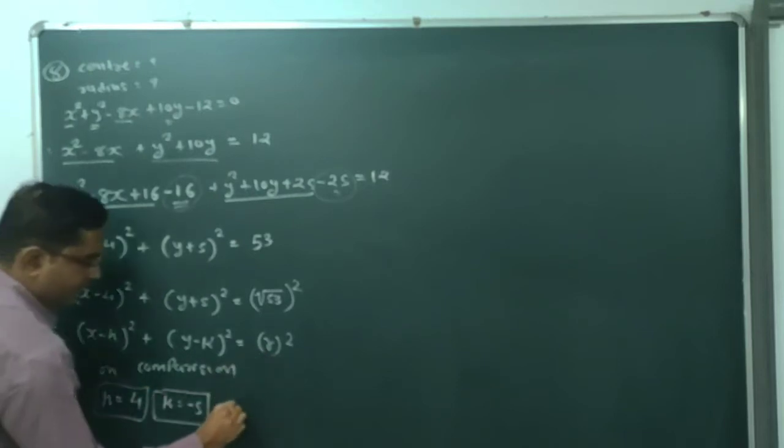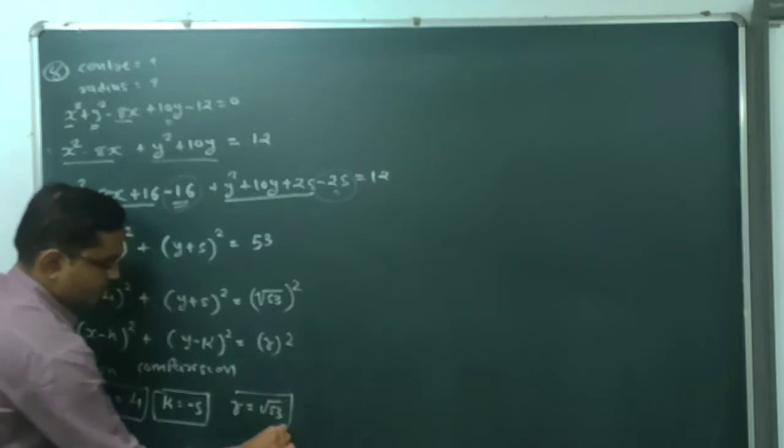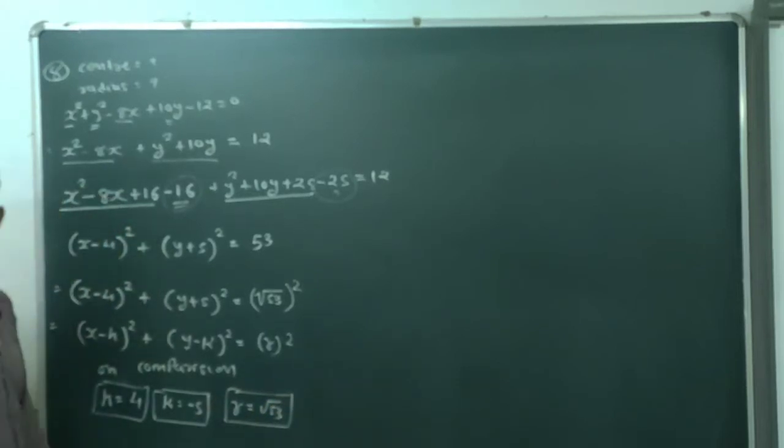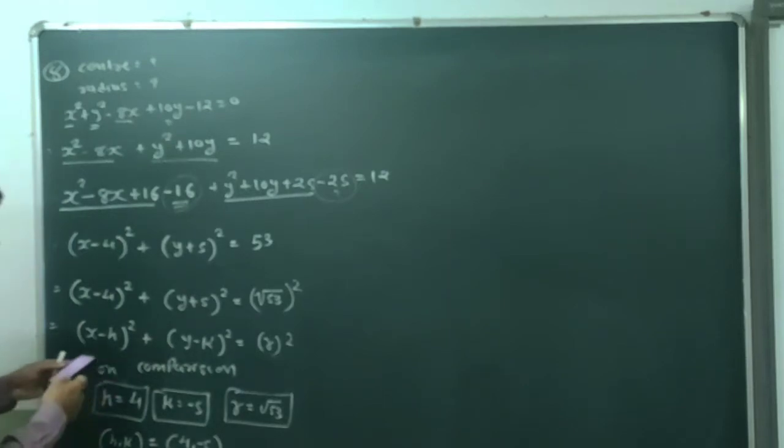And our r is root 53. So the coordinates of the center are h comma k, equal to 4 comma minus 5, and the radius of the circle is root 53. Is that clear, students? Done. This is the first method.